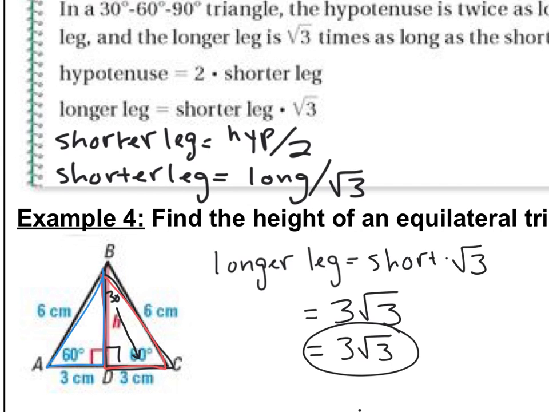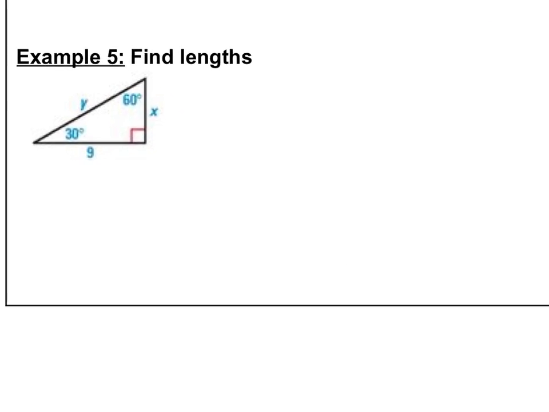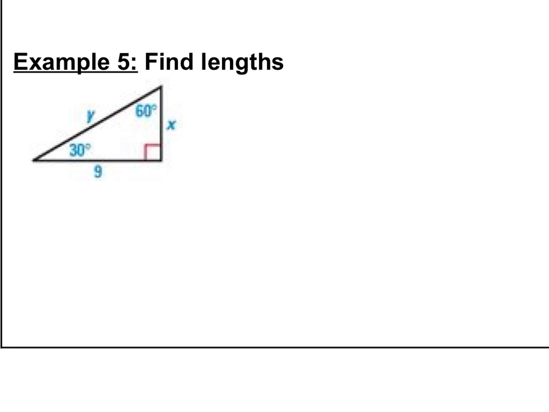Okay? All right, last but not least, example number 5. Now they're going to ask you to find 2 of the missing lengths, not just one of them. So we need to find across from the 30, and we need to find the hypotenuse. So we need to find the shorter leg and the hypotenuse.